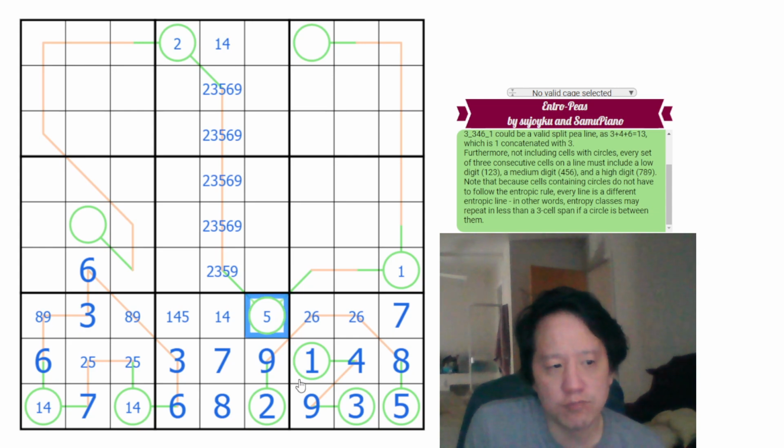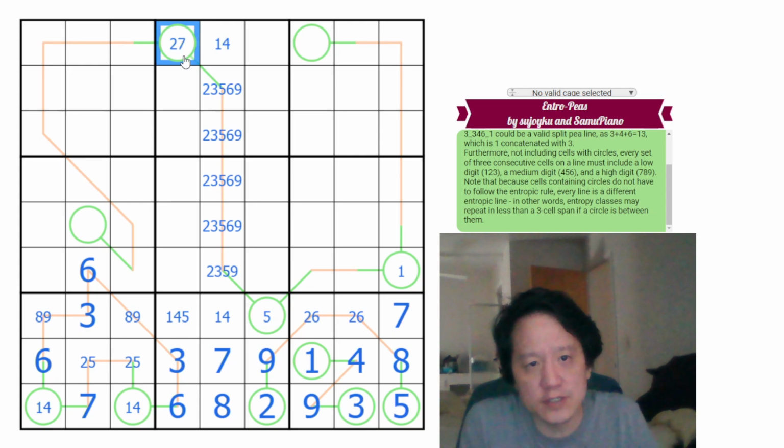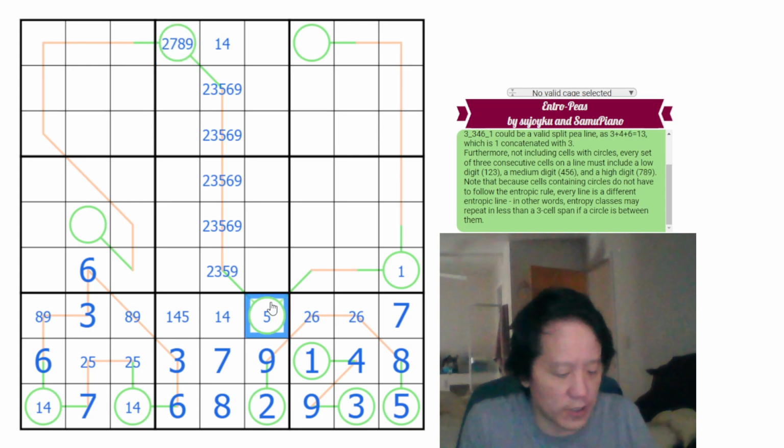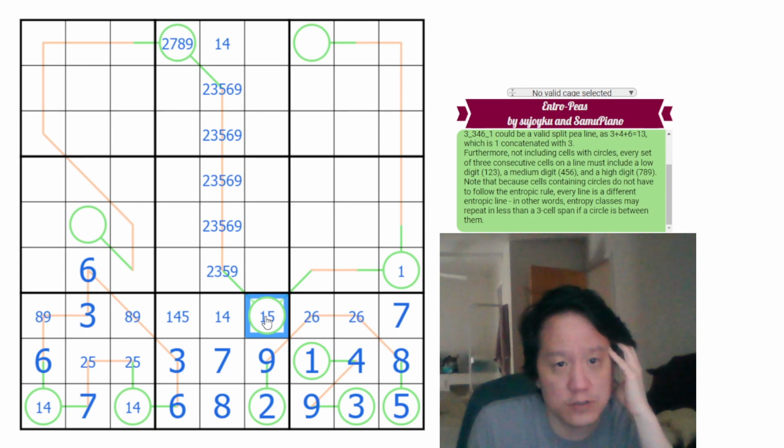So either this is 1 and this is some other number, 6 through 9 specifically. If this is 1, it can't be 6 through 9. So that rules out 1, 2, 4, 5 and 1, 2, 3, 4, 6. So this could be 17, 18, or 19 with 1. It can be 25. We found a 25 that works.